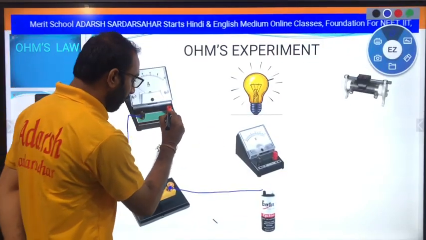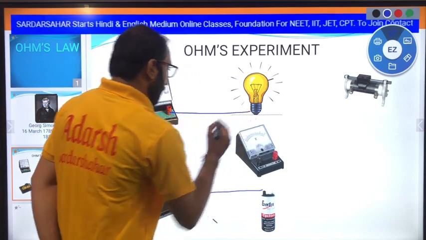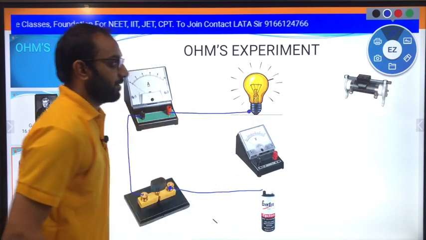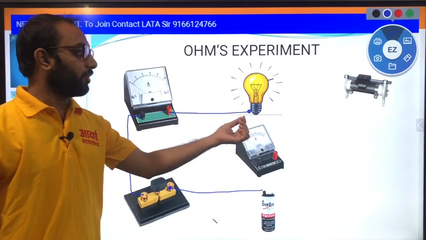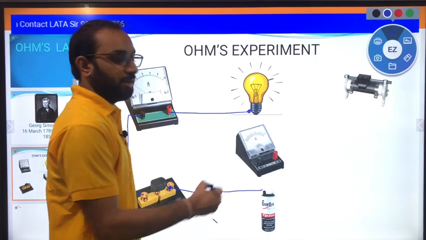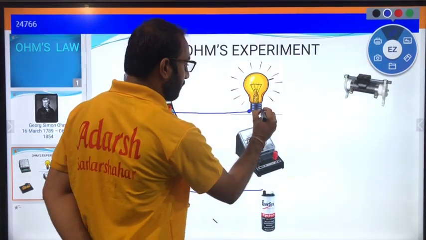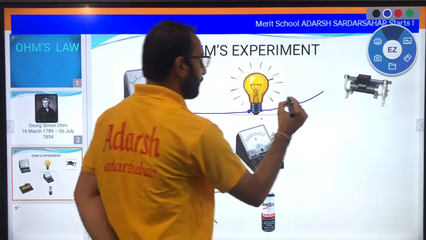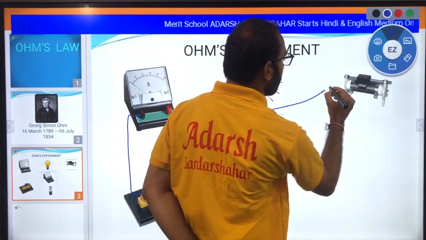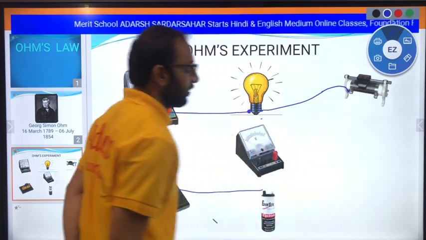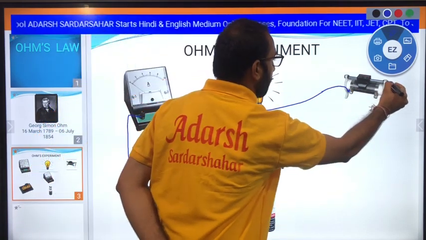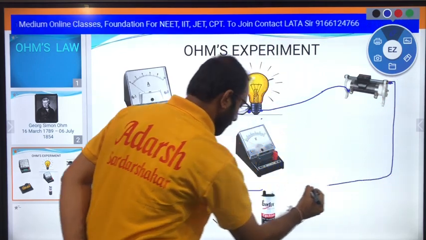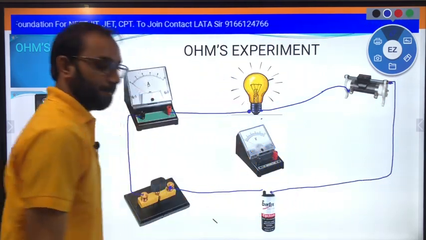Then the second point of the ammeter is connected to the first point of the load, and in this experiment we use a bulb as the load. The second point of the bulb is connected through a conductor to the rheostat, and the second point of the rheostat is connected to the second point of the battery.